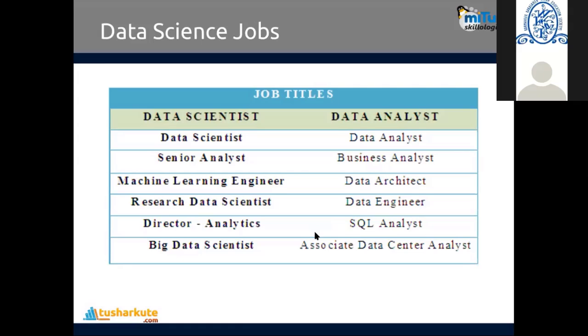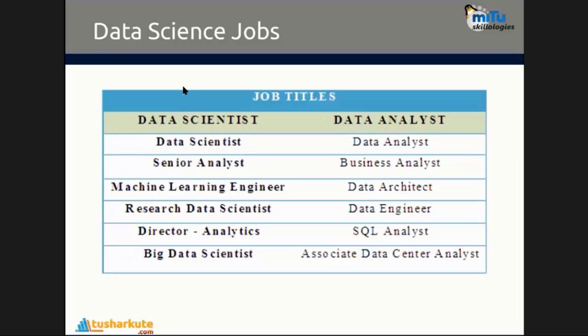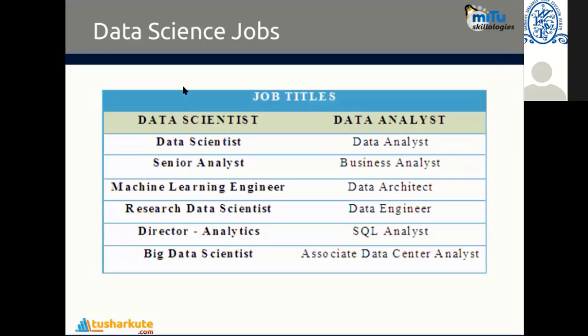And for data scientists also, different names are given, but their skills are the same: machine learning engineer, research data scientist, director analytics, big data scientist. All these names are almost connected to each other, and they do similar kinds of tasks.